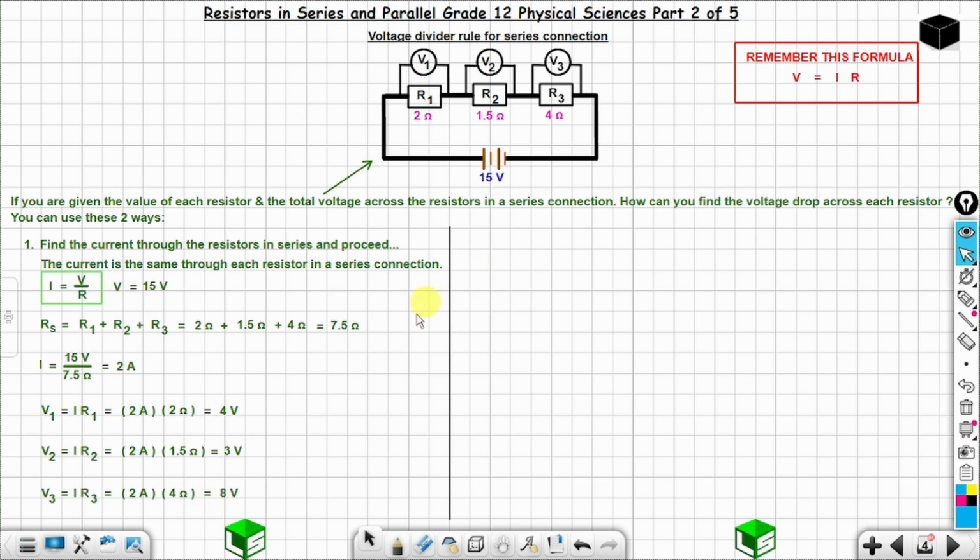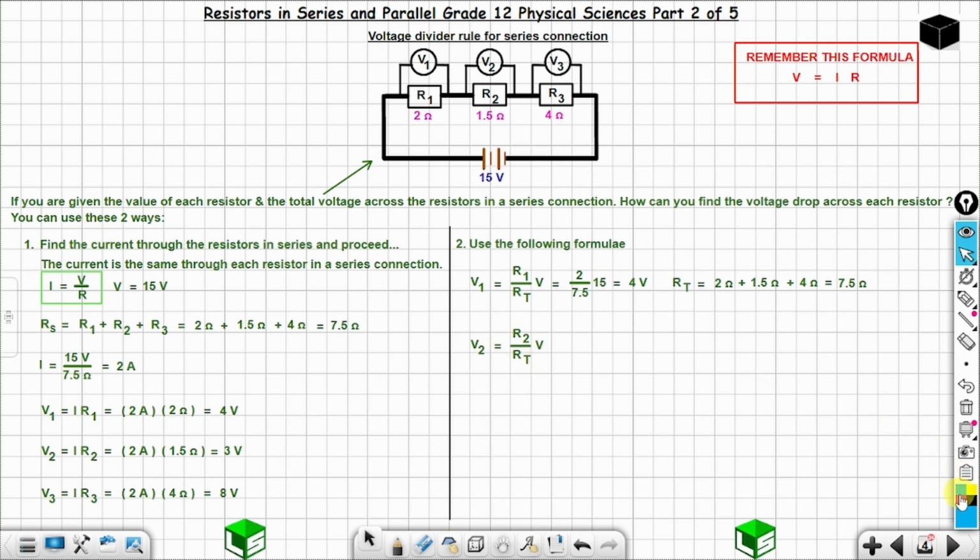Now the second method. Use the following formula. V1 is equal to R1 over total resistance. You have total resistance for a series connection, 7.5, times V. This is equal to 4 volts. Now V2, you're going to use this formula.